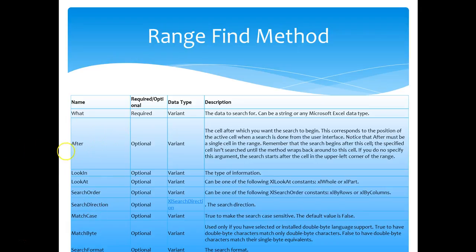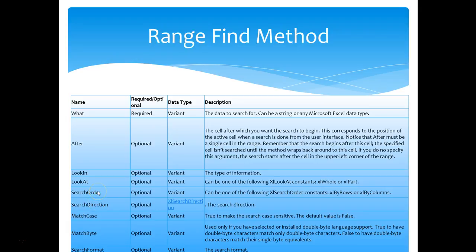I'm just showing all these options of the method here because I have used the find method for finding the last cell of the column, wherein I have used the mandatory What parameter as asterisk, and then After as comma, Look In as comma, Look At as comma, and then Search Order and Search Direction.